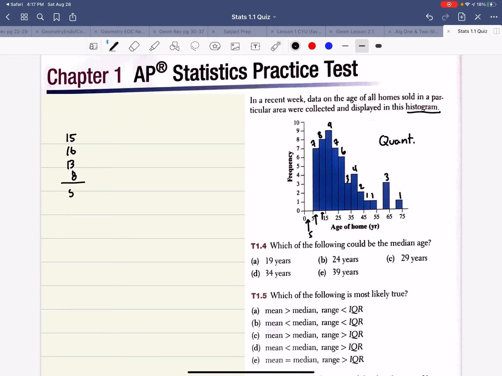All right, so I got 52 numbers. Which could be the median age? I'm looking for half of that, $26. So this would be 15, right?